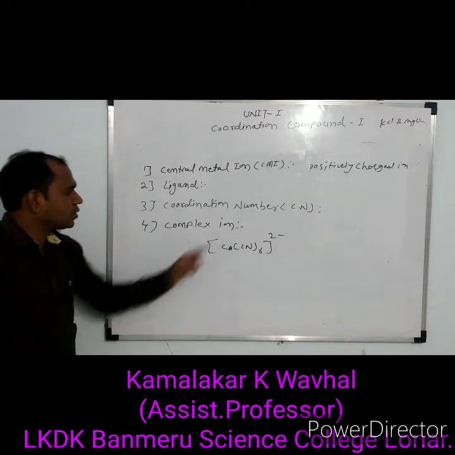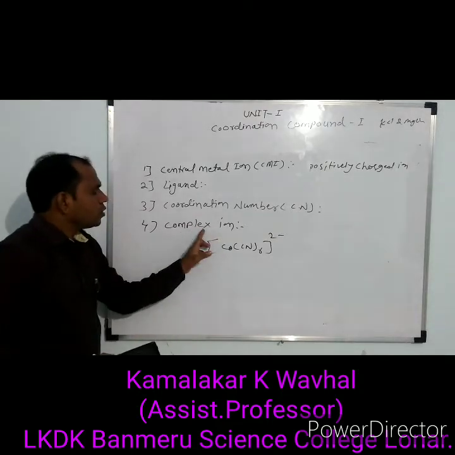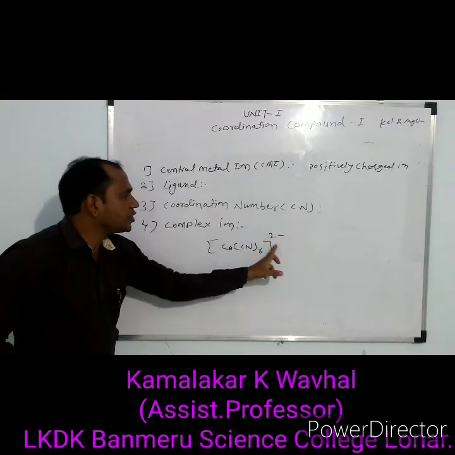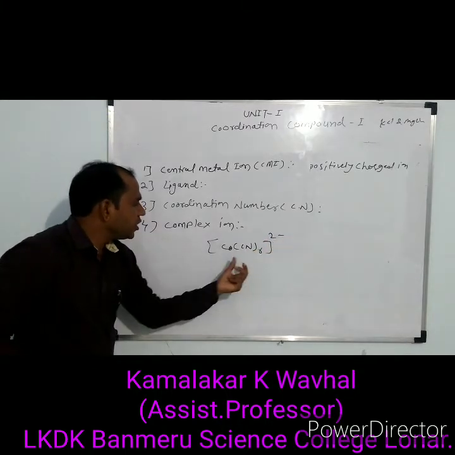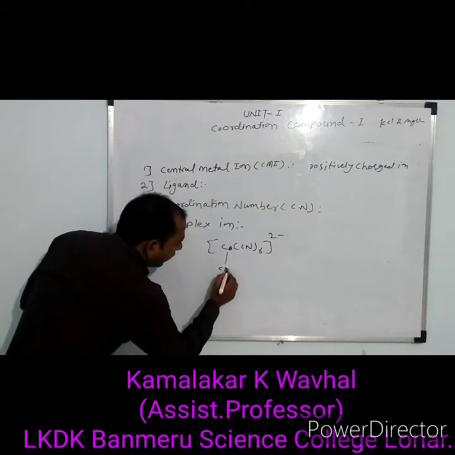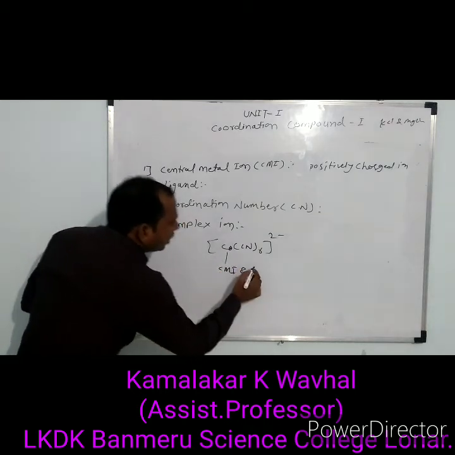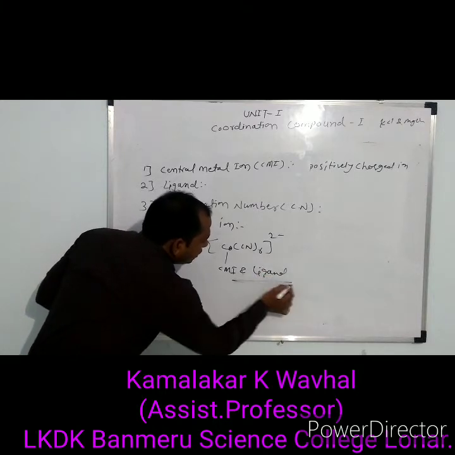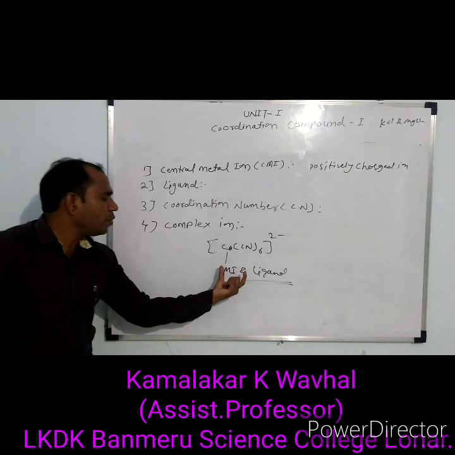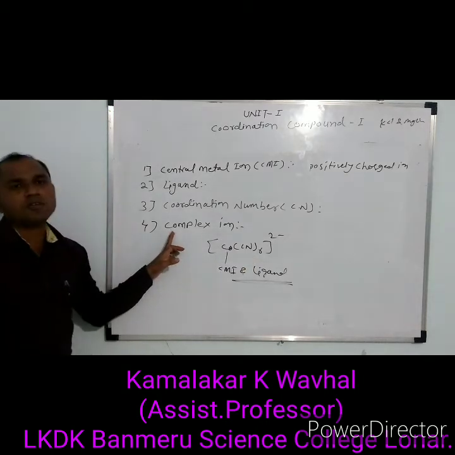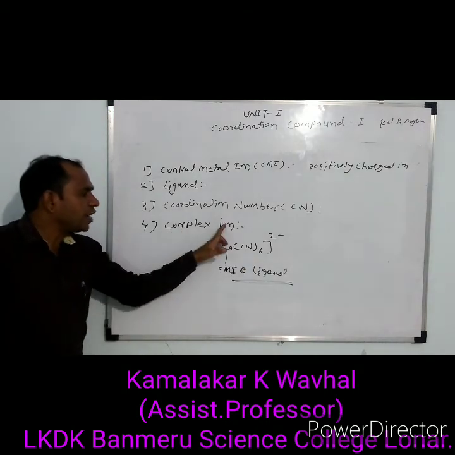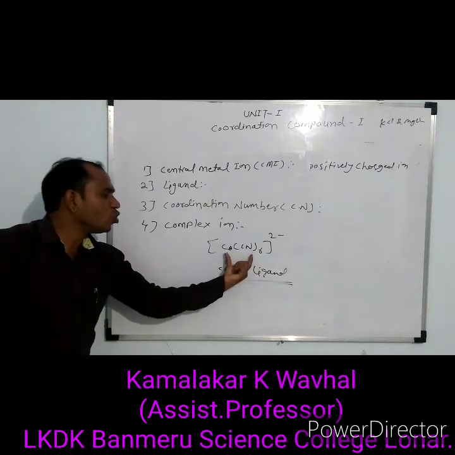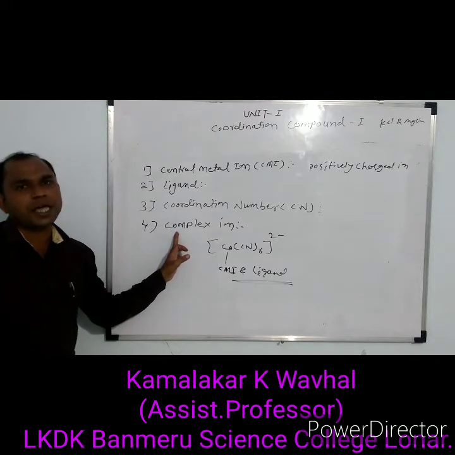In this example, a complex ion means an electrically charged radical containing the CMI and two or more ligands. This type of combination of ions is called the complex ion. The complex ion consists of the central metal atom and the ligands. This group combination is called the complex ion.